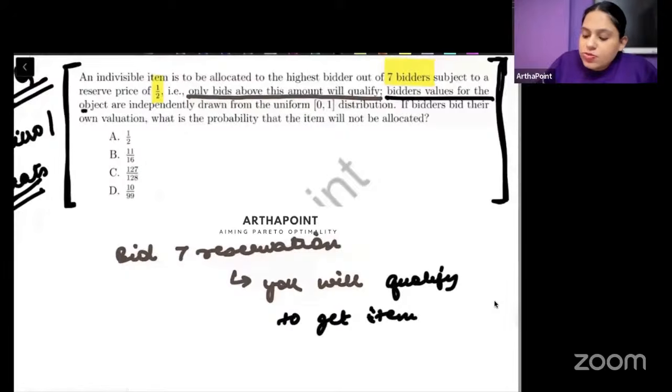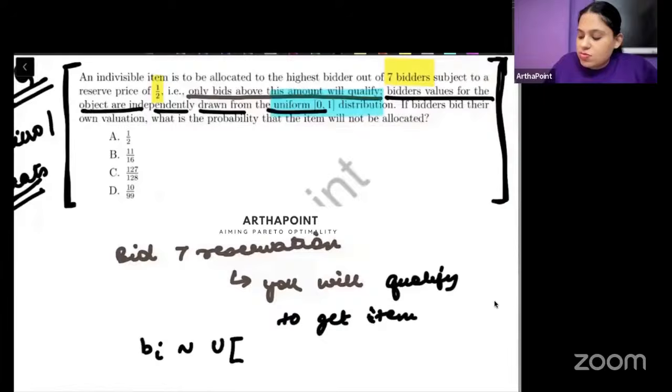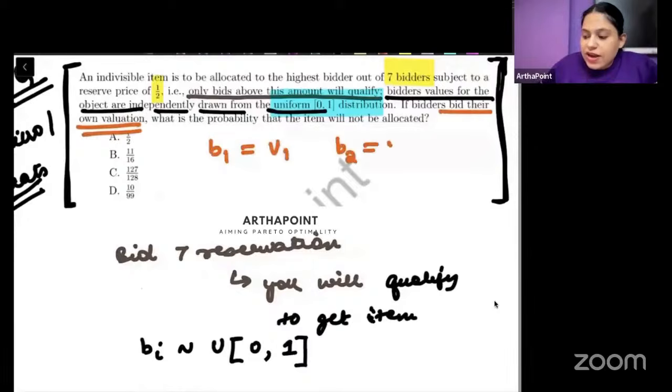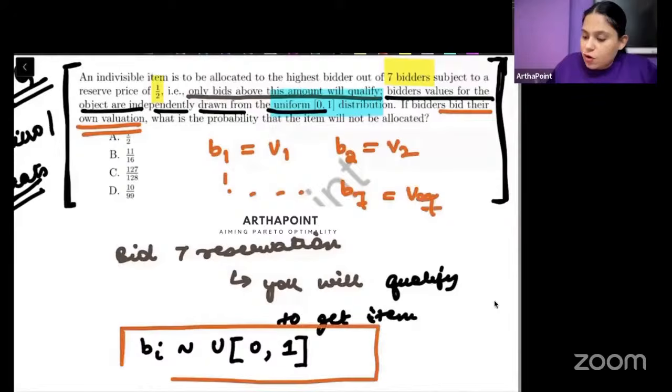Bidders' values for the object are independently drawn from a uniform distribution on 0, 1. So each bid is uniformly distributed between 0 and 1. If bidders bid their own valuation, the bid of each bidder is equal to their valuation, and valuation is uniformly distributed between 0 and 1.